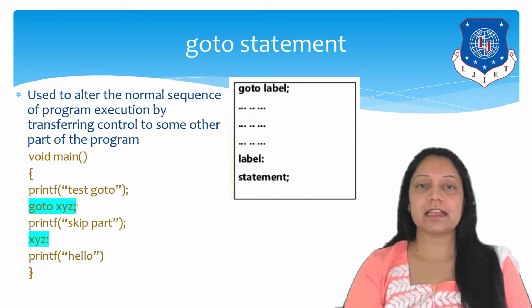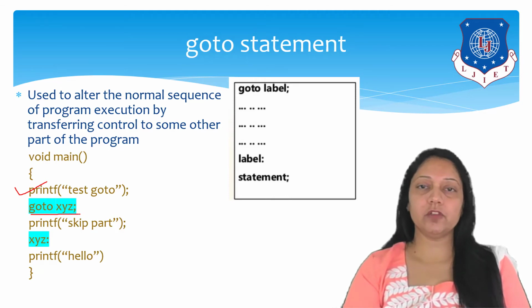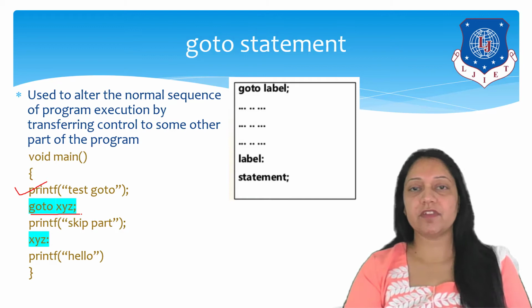In this case, the execution of the program would be: first the printf statement would be executed, that is, test goto would be displayed onto the screen. Then goto xyz means we are telling the compiler to move to the place where the label xyz is. So the compiler will come to the label xyz.